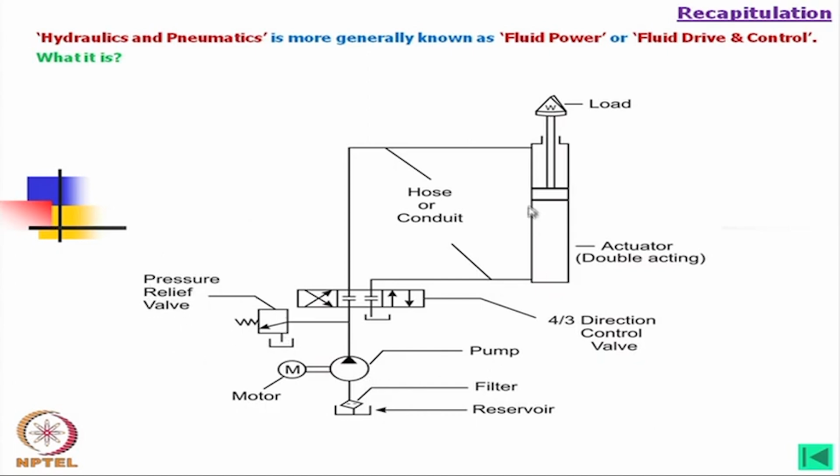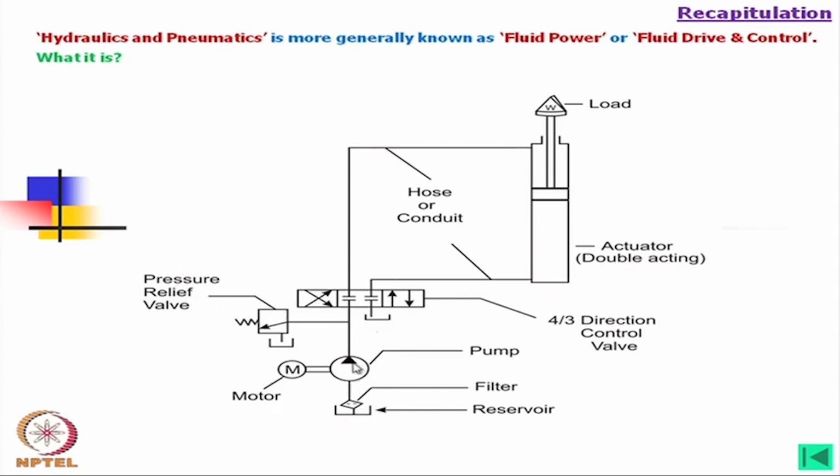What is a safety valve? Suppose this gets stuck or the load is excess load. In that case, definitely pressure will be higher than the system pressure we have considered. In that case, if we do not allow this oil to bypass, there may be an accident, because it will cause bursting of the hose, etc. So, we need a valve which is called a pressure relief valve.